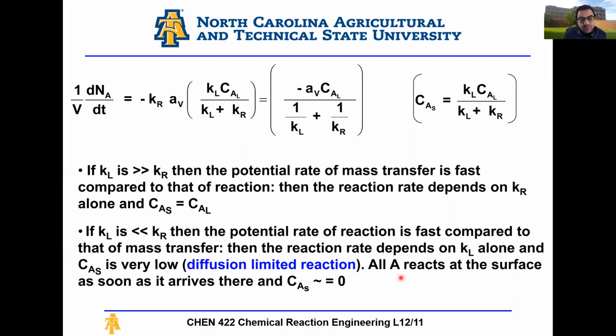And in a mass transfer limited reaction, the major slowing step will be how the molecule finds its way from the bulk phase all the way to the reaction surface. However, once it finds its way to the reaction surface, the reaction will happen very readily, almost instantaneously. And in diffusion limited reactions, most of the time, the concentration at the surface is zero, right?